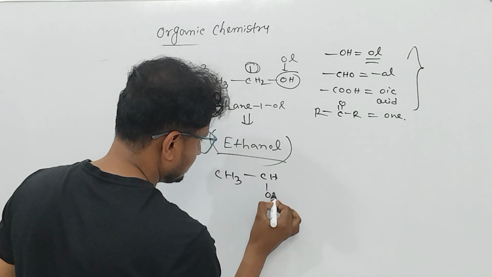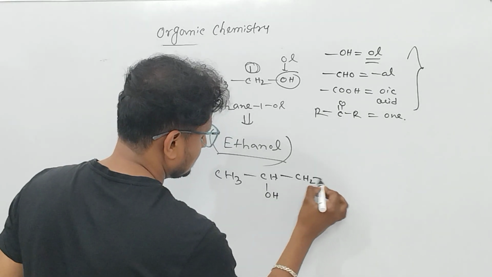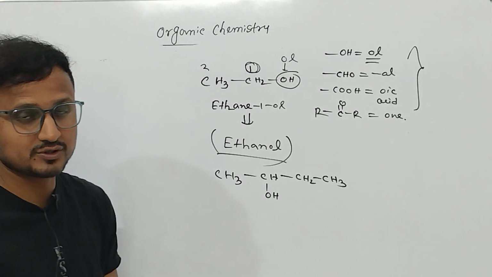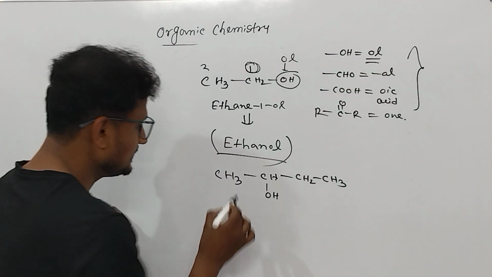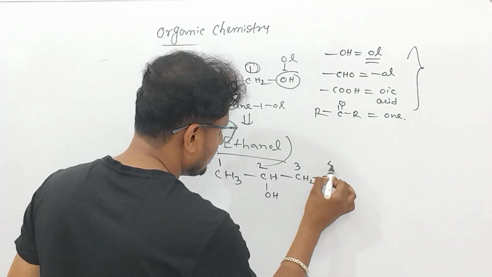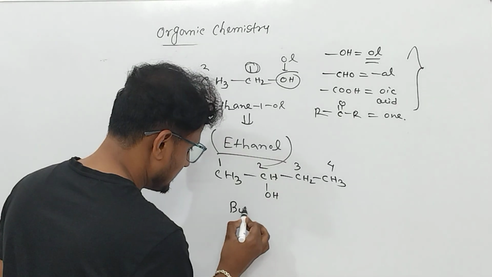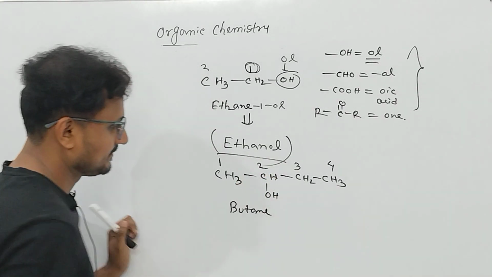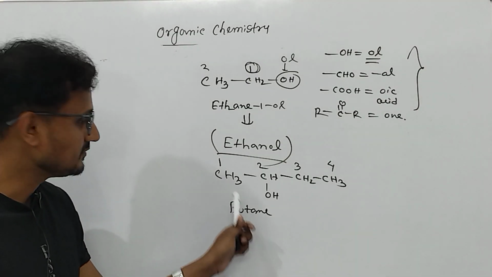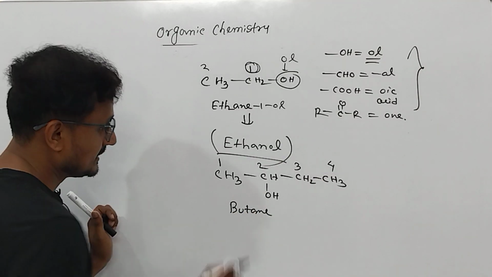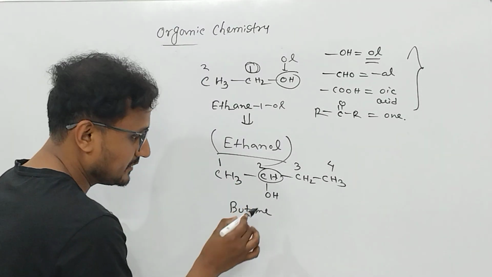This one, you have already understood the numbering of the carbon. 1, 2, 3, 4. 4 carbons are there. Butane. Why butane? 4 carbons, but, single bond an, butane. Now on number 2 carbon you have OH.